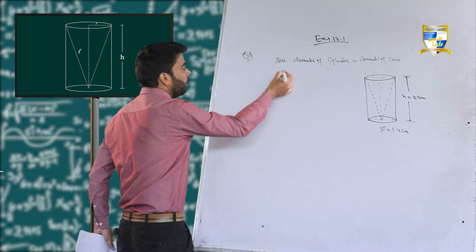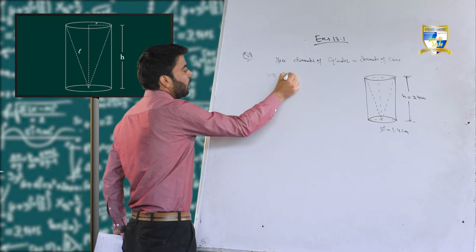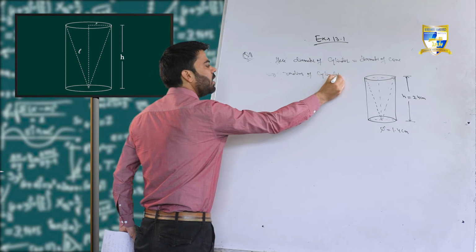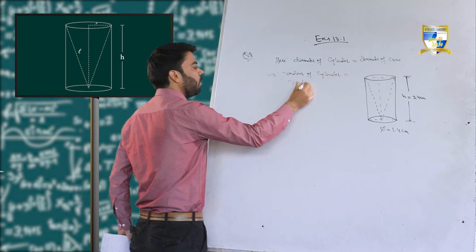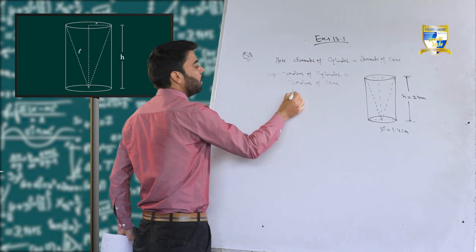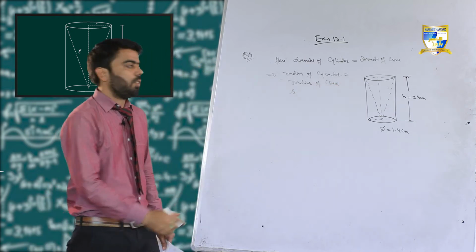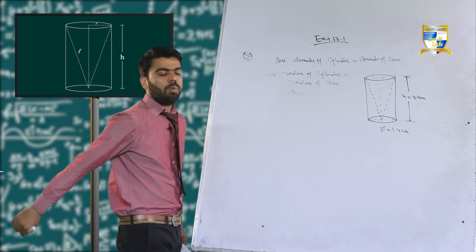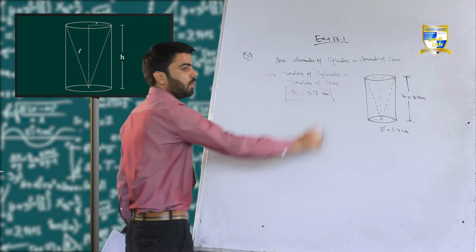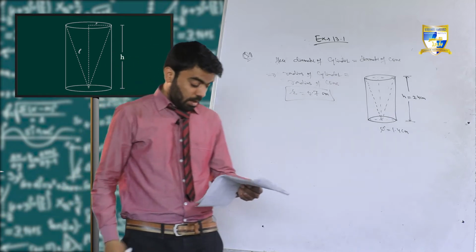Which implies the radius of the cylinder is equal to the radius of the cone. Small r is equivalent to 1.4 by 2, that is 0.7 centimeter.